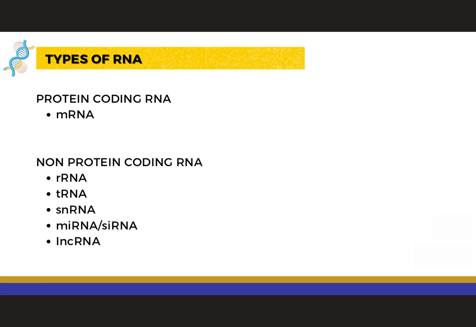Your messenger RNA is the most heterogeneous RNA. Again, the function of your mRNA is it serves as a messenger conveying information from your DNA to the translation machinery, which is your ribosome.